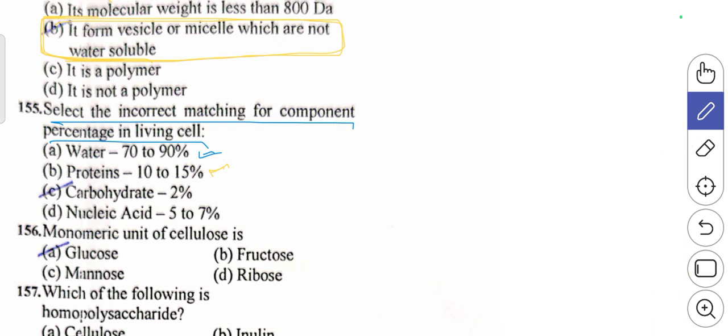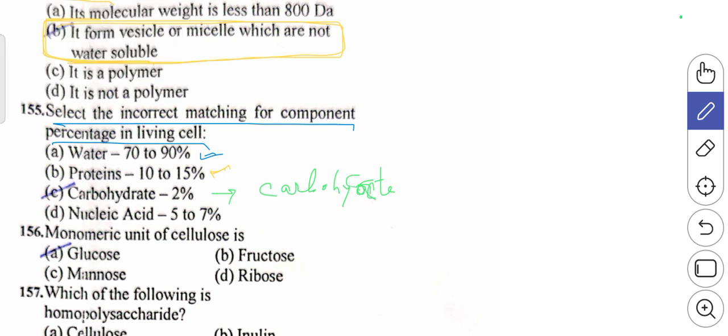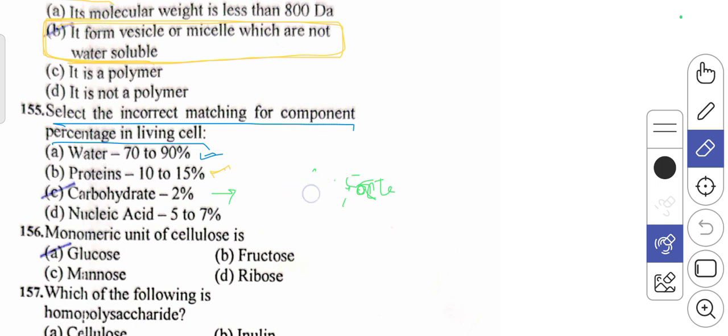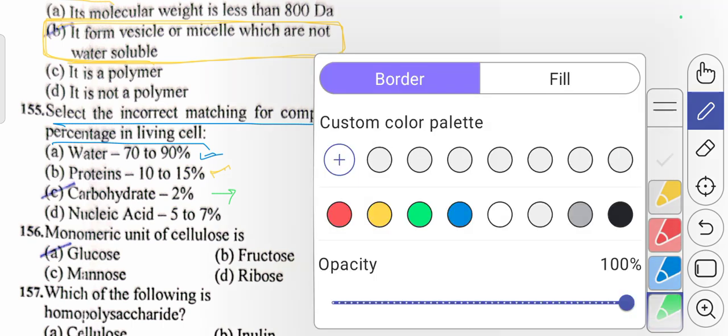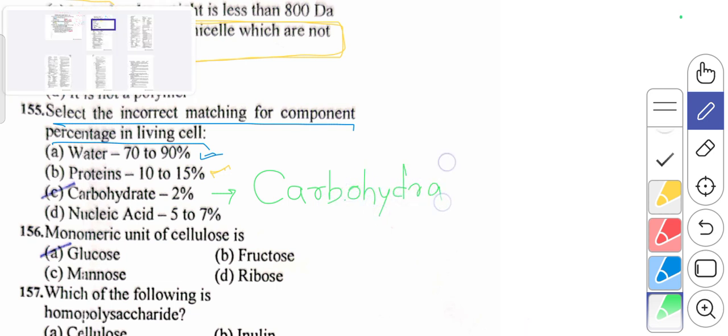Then they have given carbohydrate 2%. Actually, carbohydrate will be 3% in a living cell.